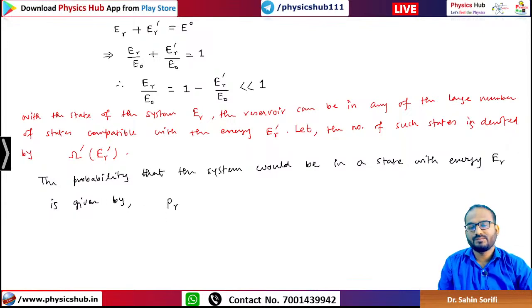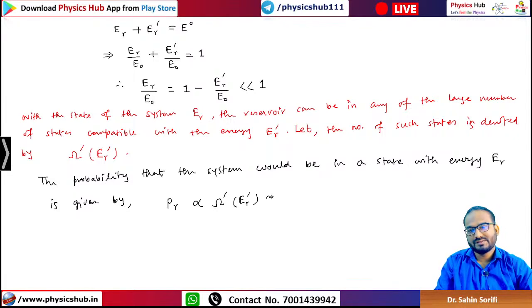PR means the probability that the system would be in a state with energy ER, and it is found to be proportional to this omega prime ER prime. This is the derivation of canonical ensemble, which we are not doing completely.